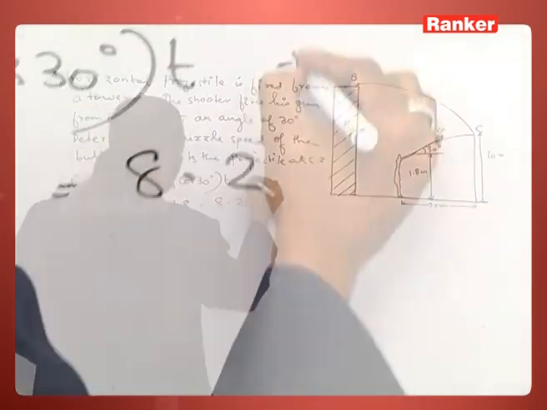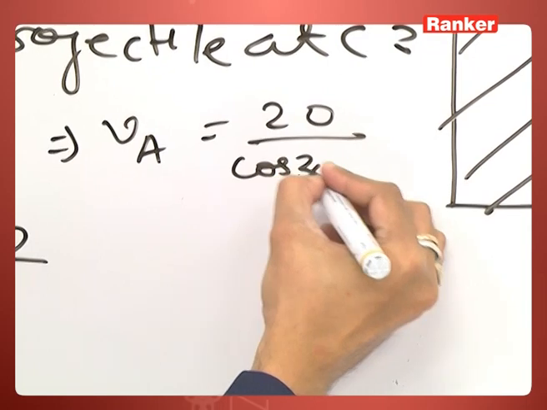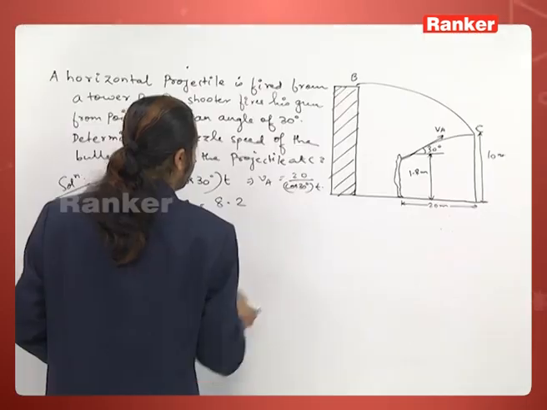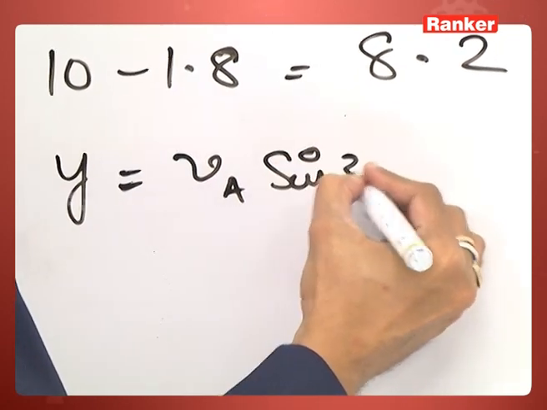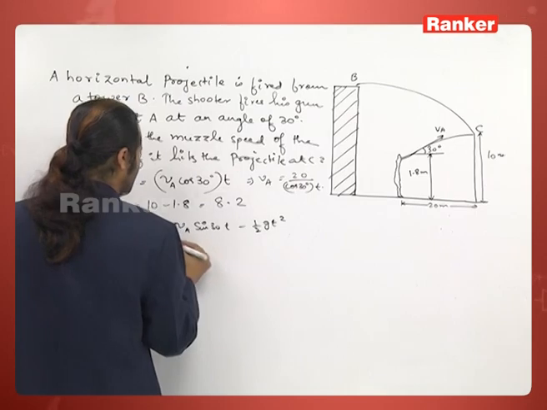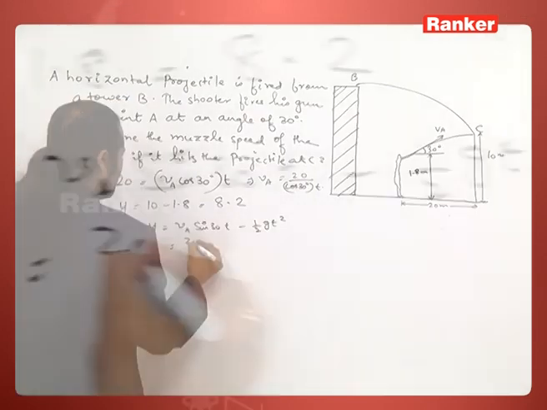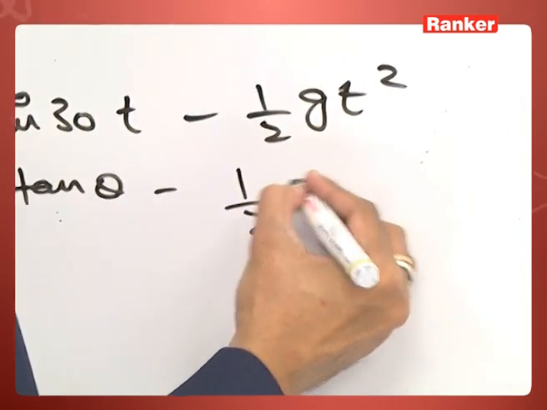From this equation VA is 20 by cos 30 into T. So y is equal to VA sin 30 into T minus half g T square. So this becomes 20 tan theta minus half g T square.